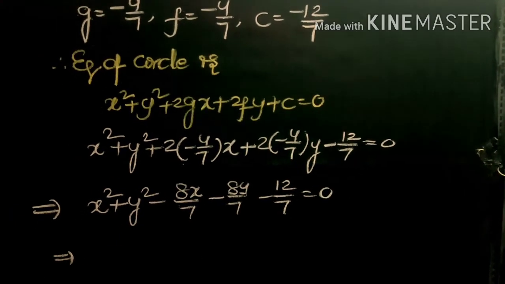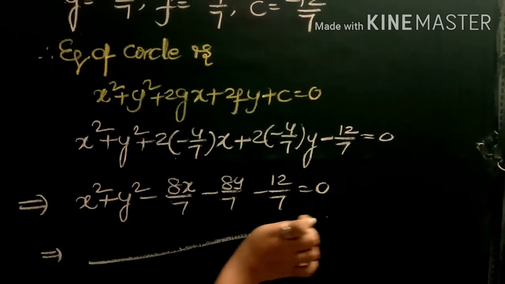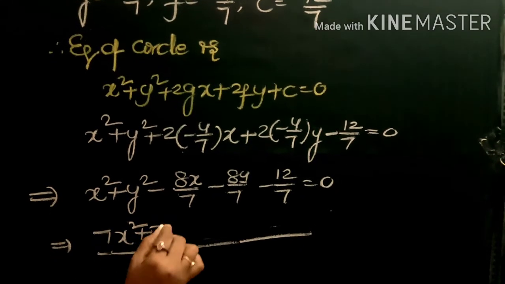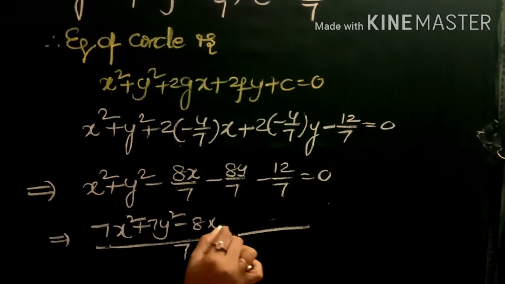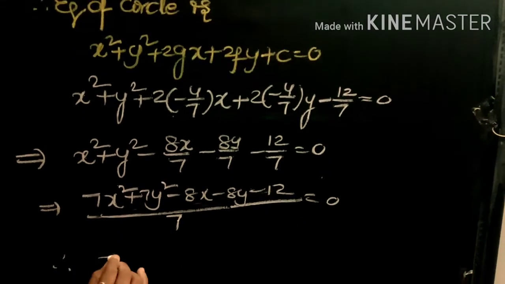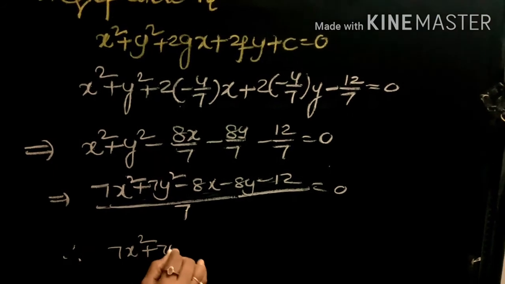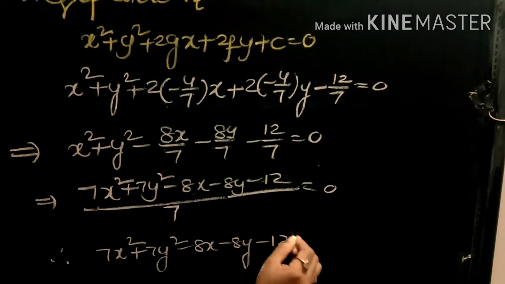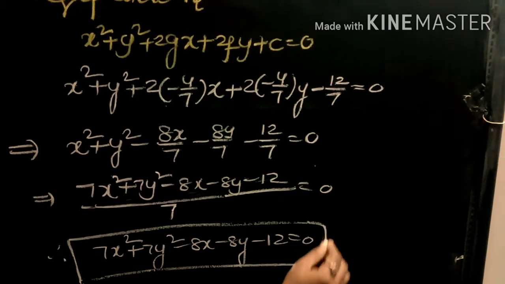Taking 7 as LCM, 7x square plus 7y square minus 8x minus 8y minus 12 equal to 0. Therefore the equation of the circle is 7x square plus 7y square minus 8x minus 8y minus 12 equal to 0, which is the required answer. That's it.